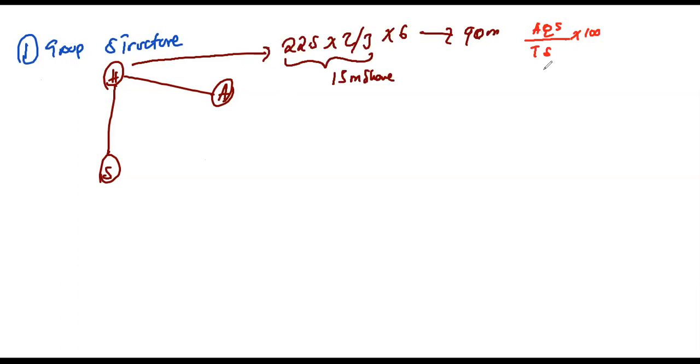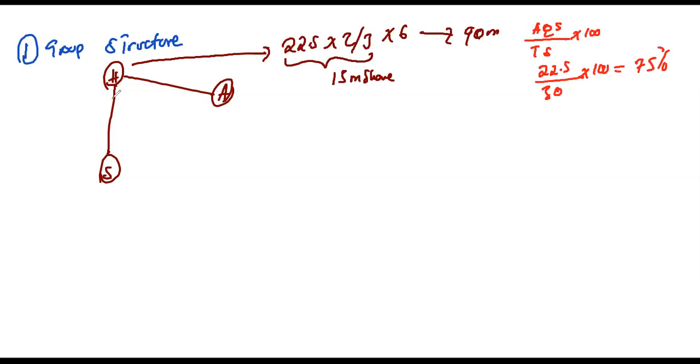What were the acquired shares? He acquired 22.5 million. What was the total number of shares available? 30 million, multiplied by 100. So he acquired what percentage? 75%.